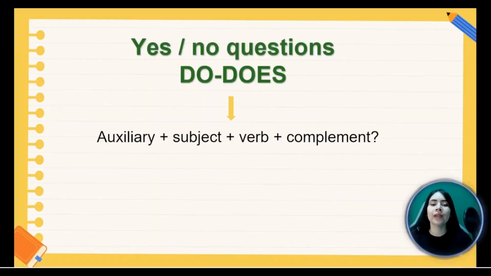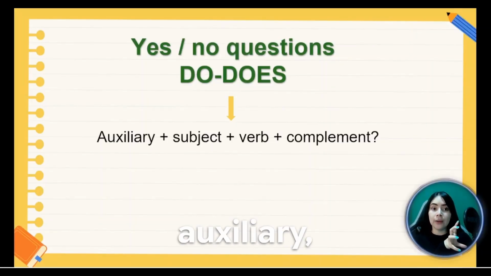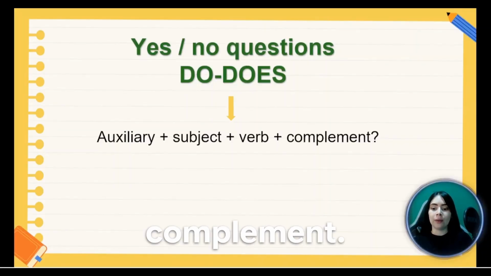Let's begin. Before, in other lessons, we learned about yes-no questions with the auxiliaries do and does. And this is the structure for these questions. We start with an auxiliary, later a subject, a verb, and a complement.